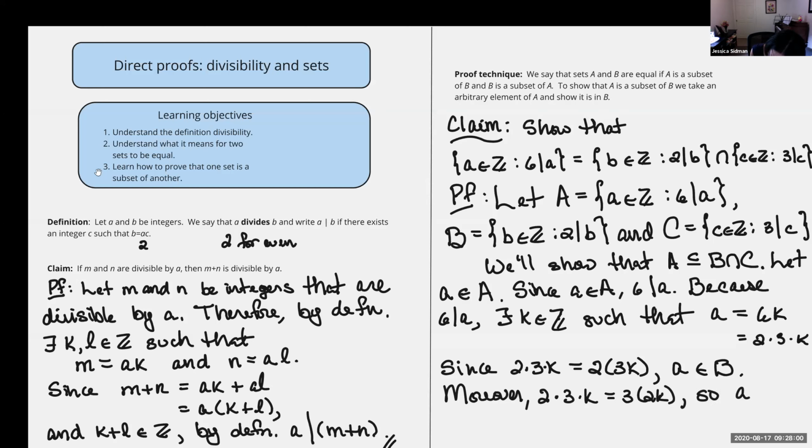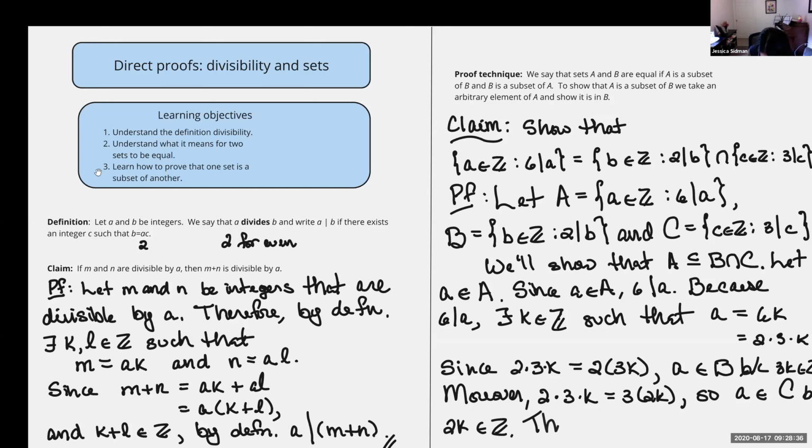So a is in C. And maybe here, I should have written because 3k is an integer, because 2k is an integer. Okay, so we've seen that we can write a as 2 times an integer, and we can write it as 3 times an integer. So a is in B and a is in C.